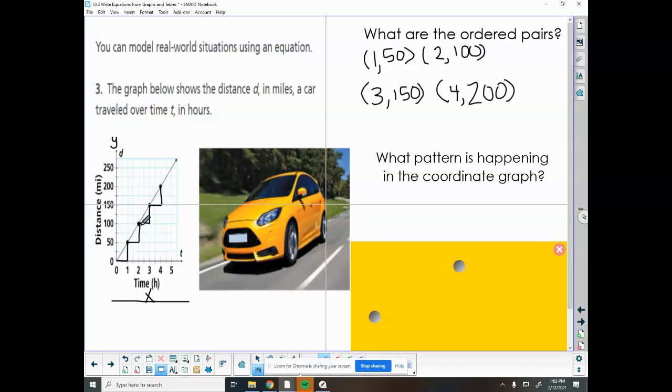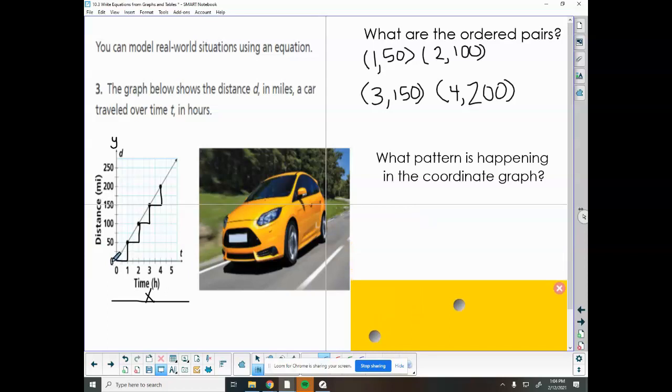You see how these triangles are all exactly the same? That's telling me that it's a constant rate. They're doing the same thing over and over. They're driving 1 hour, 50 miles. So this unit rate triangle can prove that it is a constant rate.